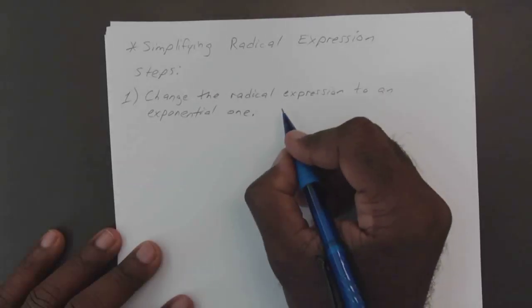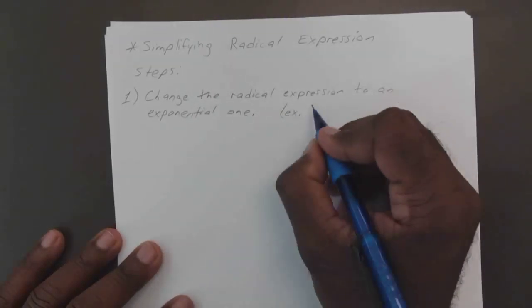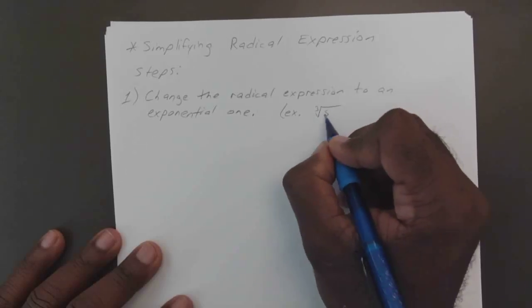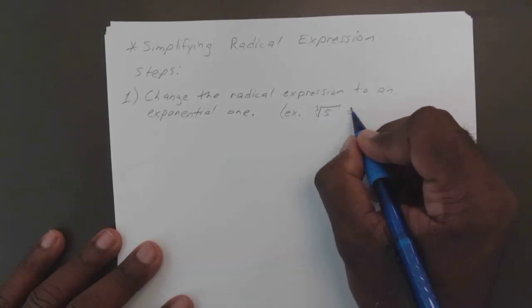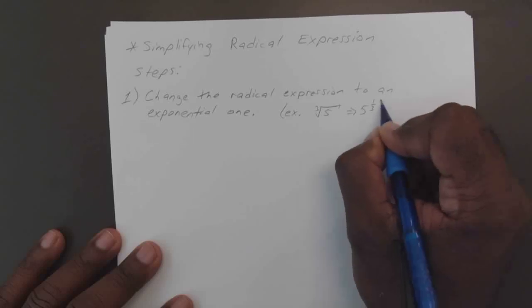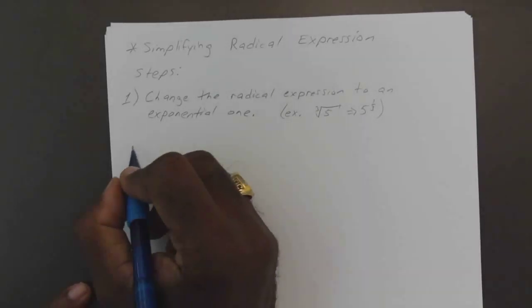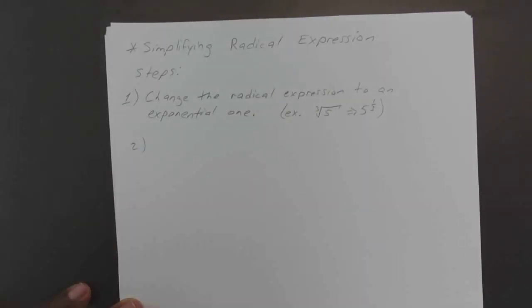So all that means, for example, is you're going to change the cube root of 5 to 5 to the 1/3. So from a radical to an exponent. Okay.